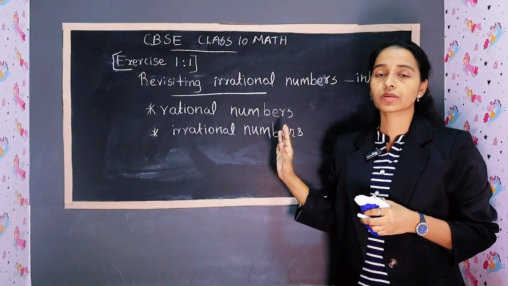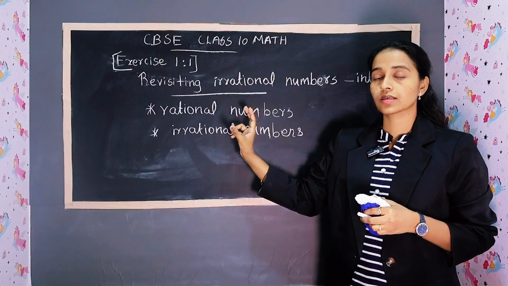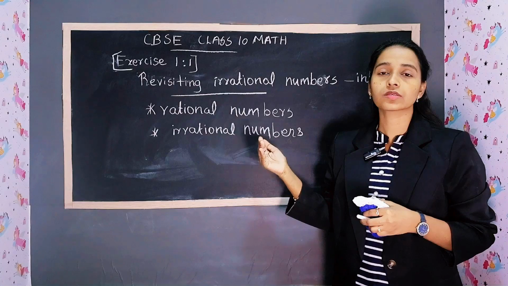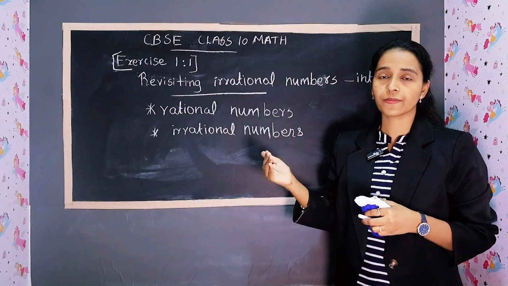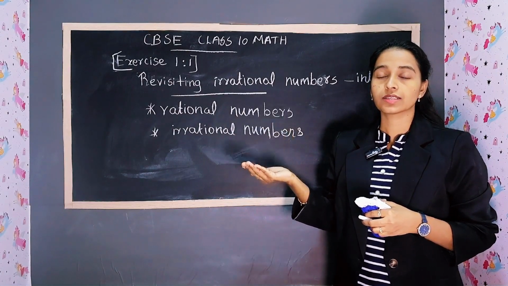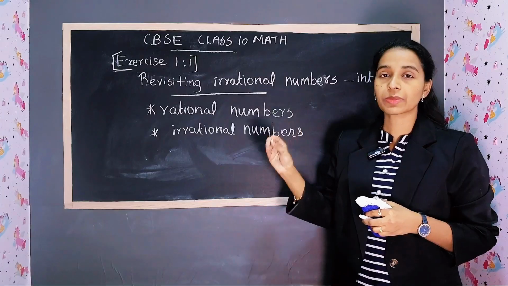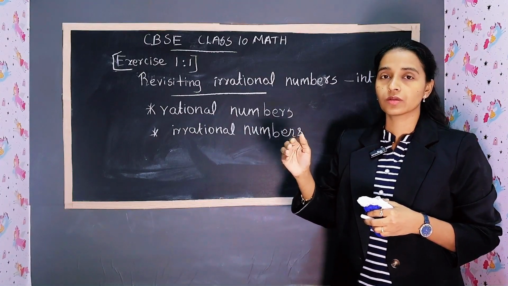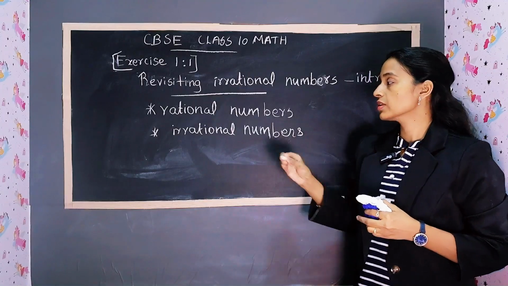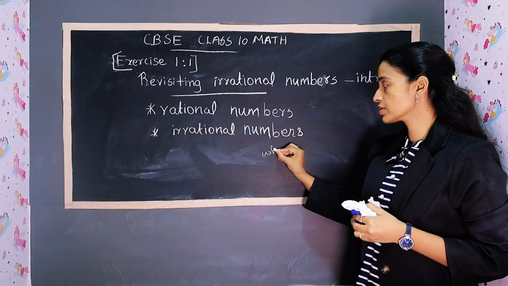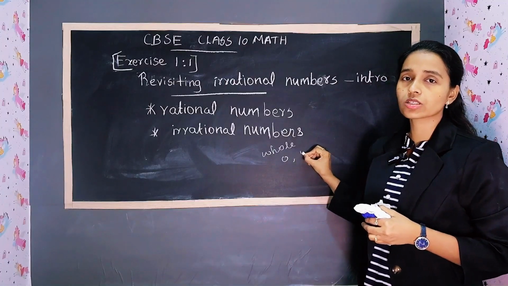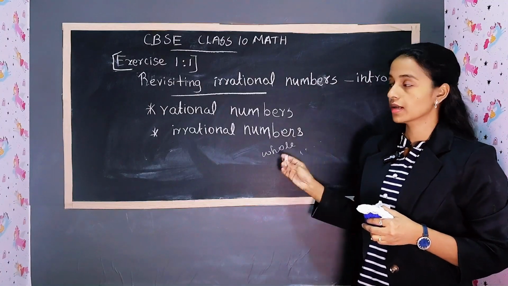Rational numbers include different numbers like whole numbers, integers, decimal numbers with repeating patterns, and also terminating decimals. Example, whole numbers: it starts from 0, 1, 2, 3 and it keeps going.